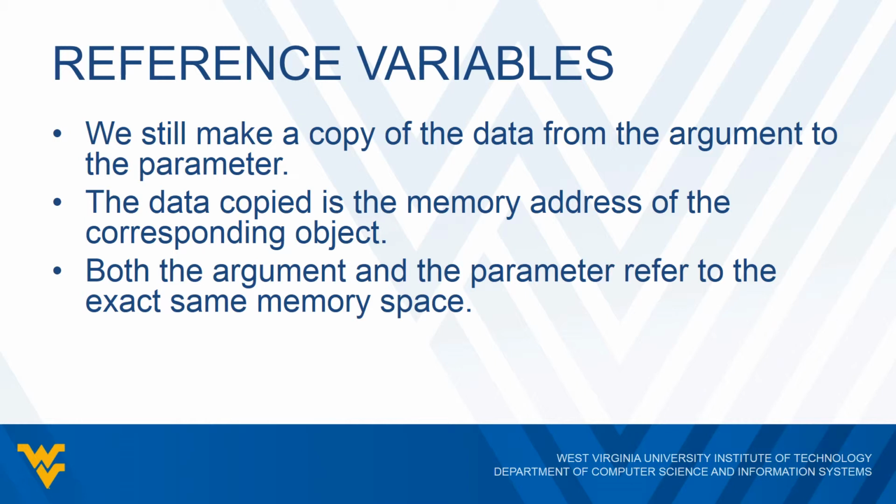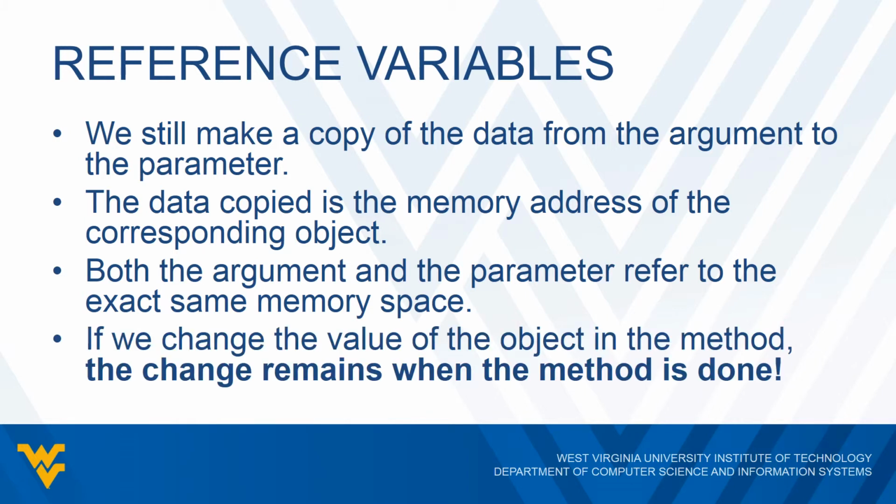And the reason why this is important is if we make a change to the value of the object in our method, then that means the change is going to remain when the method is done, because I'm changing the same memory space that both the parameter and the argument are referring to. So if I change that memory space and then I go back to my original method, whenever I use the original argument, it's going to look at that same memory space that we modified.